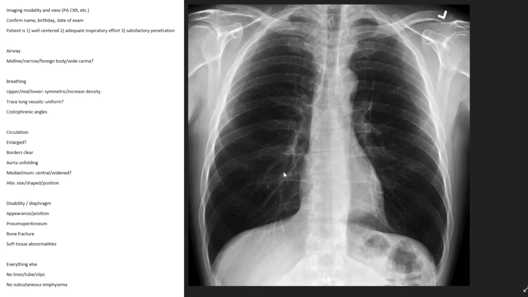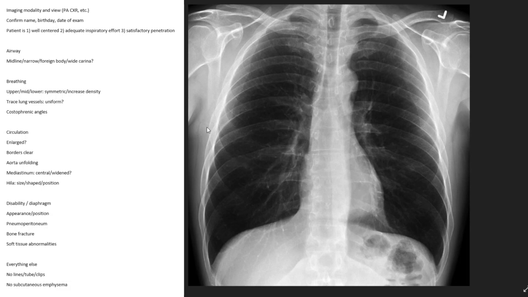No sign of pneumothorax or anything like that. And then you want to look at the lung vessels. As I just said, they extend to the outer borders, and there's no sign of pneumothorax or atelectasis. Then you want to look at the costophrenic angles here and make sure that they're sharp. Blunting is a sign of pleural effusion, and in this situation, they are sharp.